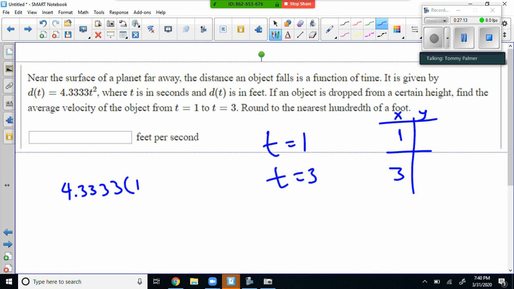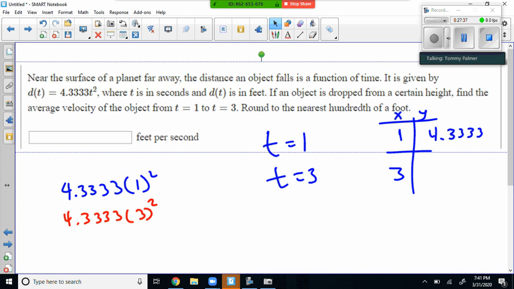The first one would be 4.33, and then the second one would be 3 squared, so it'd be 9 times that, and I'm not sure what 9 times that is. I don't have a calculator with me. All right, you got what now?